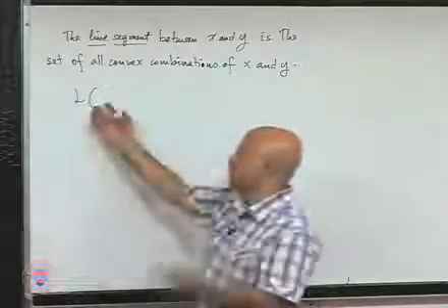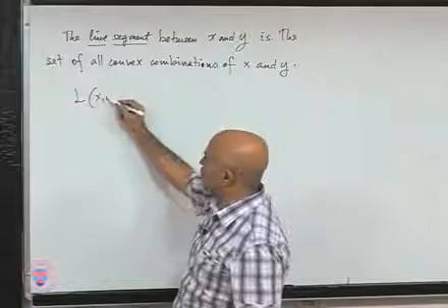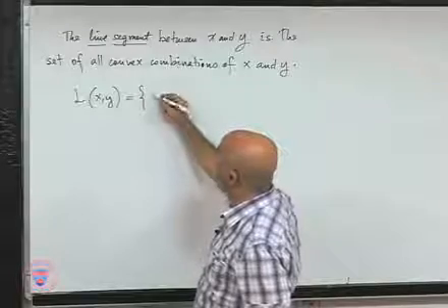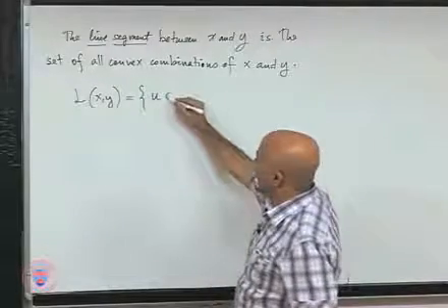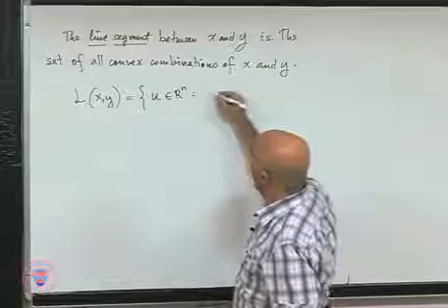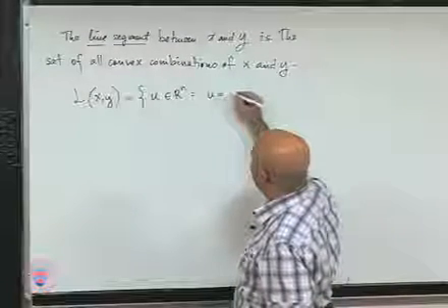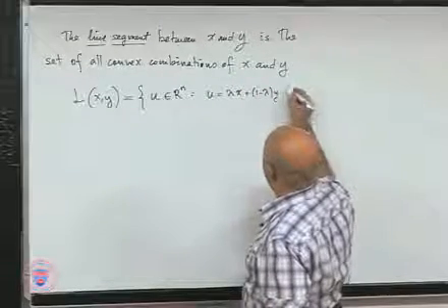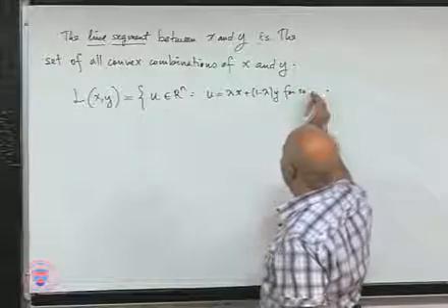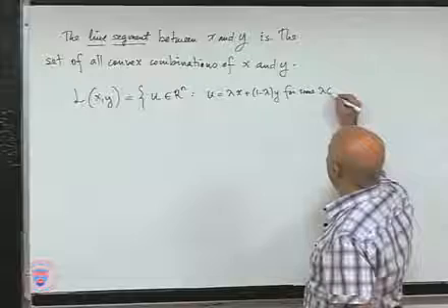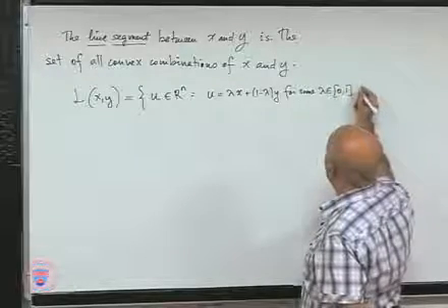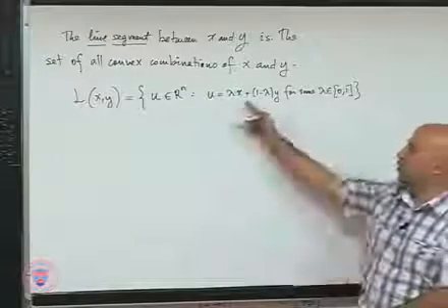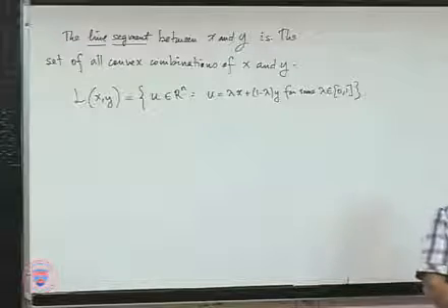So, if I denote just temporarily the line segment between x and y by, say, L of x and y, it's the set of points U in Rn such that U is some convex combination of x and y for some lambda in the unit interval. Okay? So any U that can be so obtained is in the line segment.